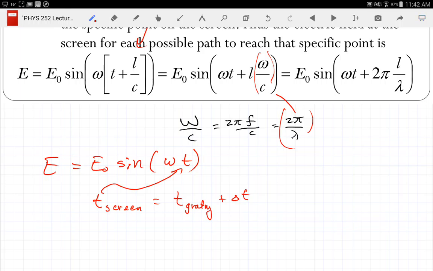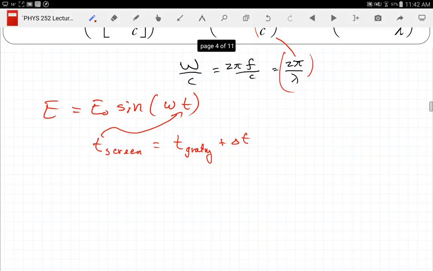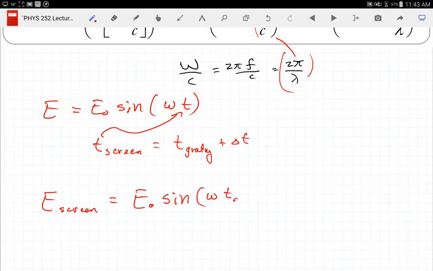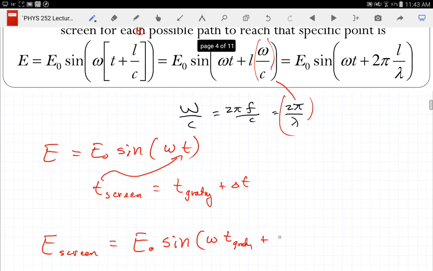So the reason I do that is because now I have an equation that tells me that the electric field at the screen is equal to the electric field that I had at my grating multiplied by sine of omega times the time at the grating plus 2 pi times the length between the point it went through the grating to the point it went to on the screen divided by wavelength.